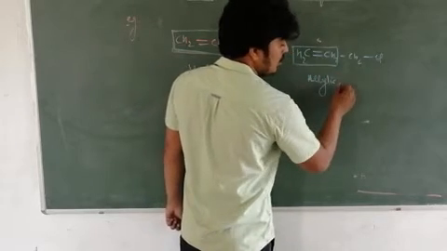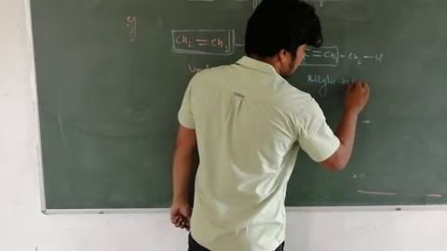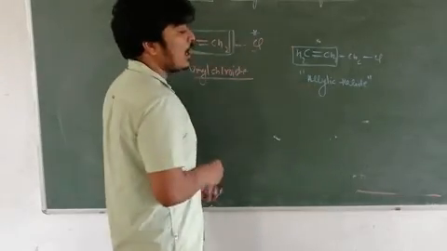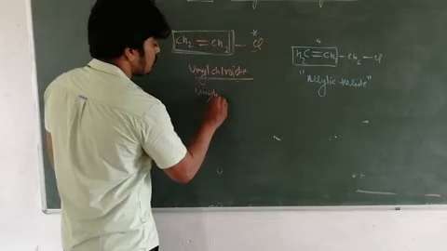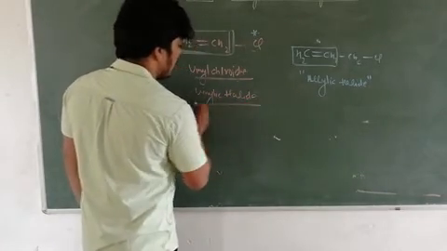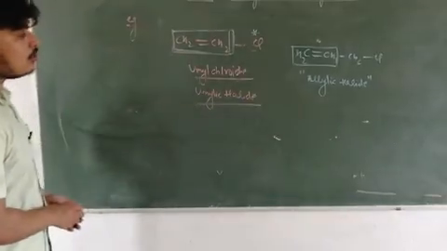Allylic halogen, allylic halide. This is vinylic halide. This is allylic halide. Okay, this is the scenario.